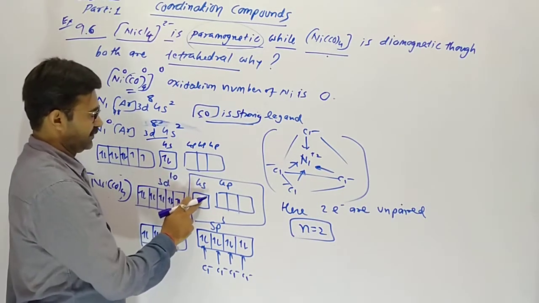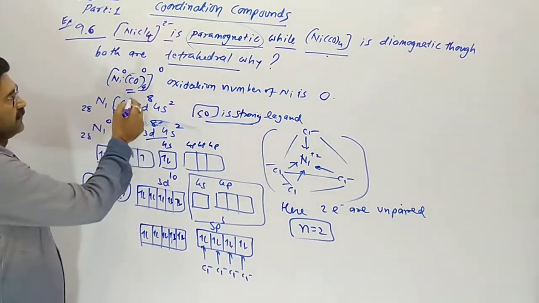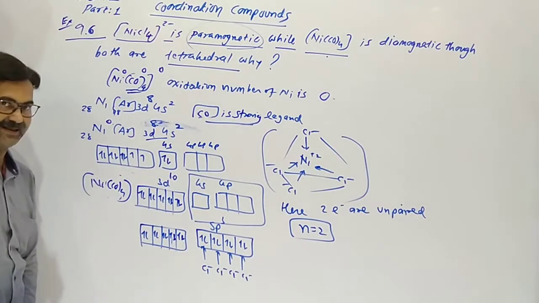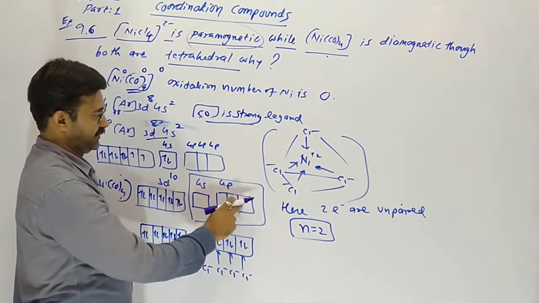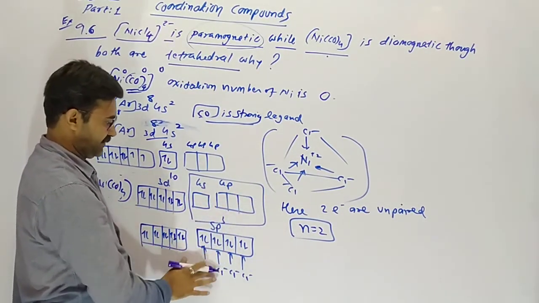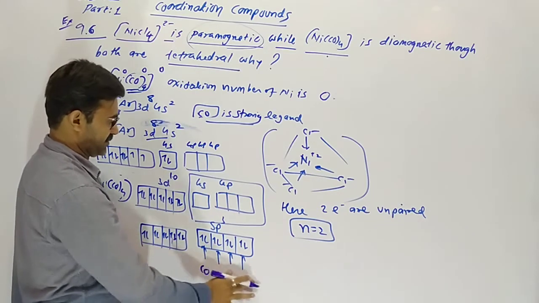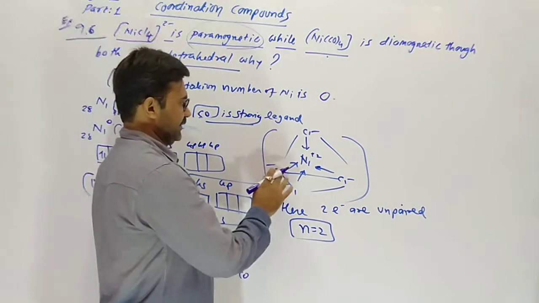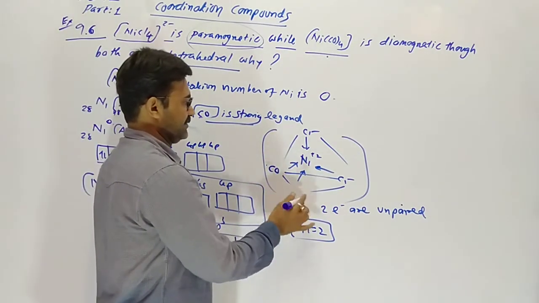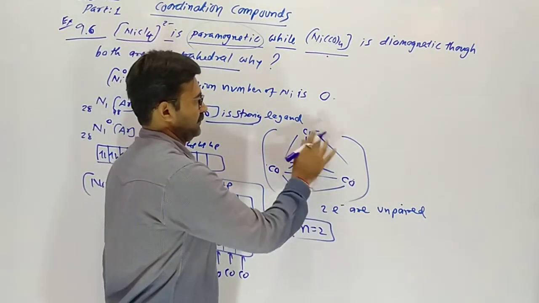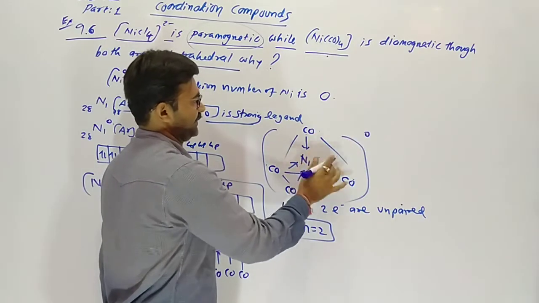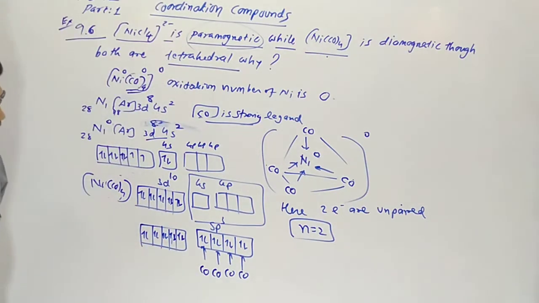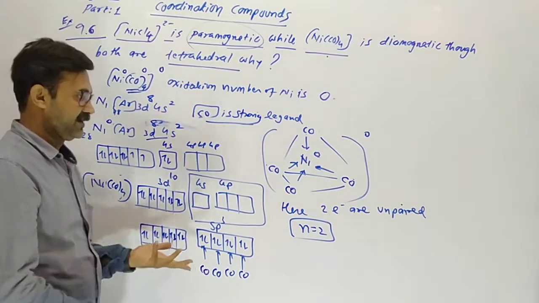And here once again 1 4s and 3 4p. 4 ligands are coming, so 4 vacant orbitals are needed. So 1 of 4s and 3 of 4p, so here sp3 hybridization occurs. And all the 4 sp3 hybridized orbitals gain electron pairs from the carbonyl ligand, which is also tetrahedral in shape due to sp3 hybridization.